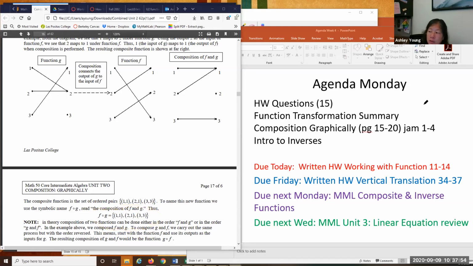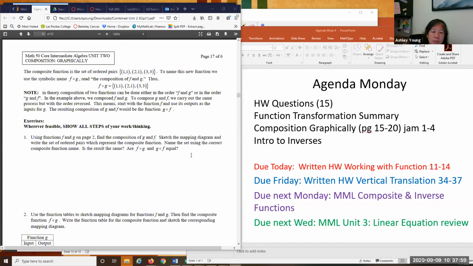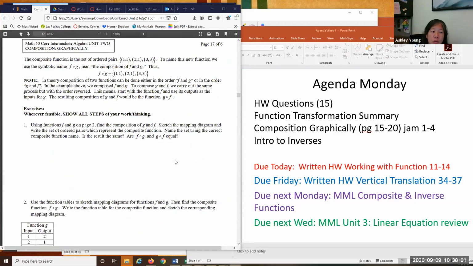Now, in theory, they can do either in the order f and g or in the order g and f. They're different. They're not the same. f of g means, I think of them as little Pac-Man.